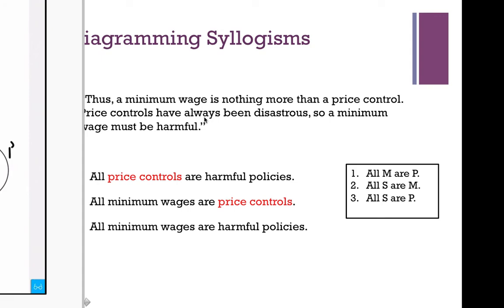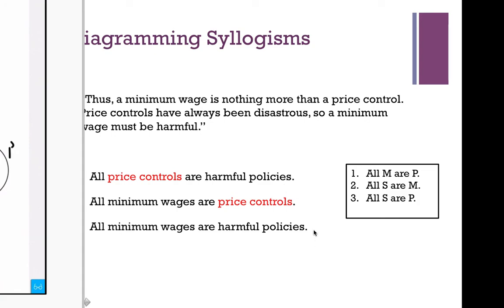So in this lesson right here, we combined multiple skills. Hopefully you realize that we put individual propositions like this into standard form. We had our quantifier, subject, copula, and predicate, and both the subject and predicate named classes. We put this argument into standard form.